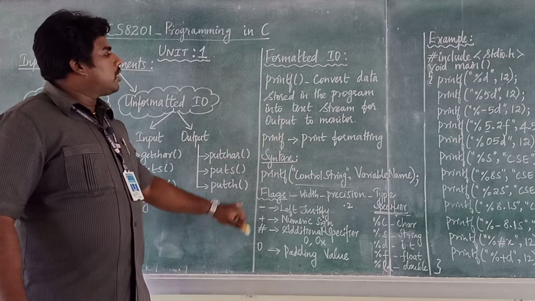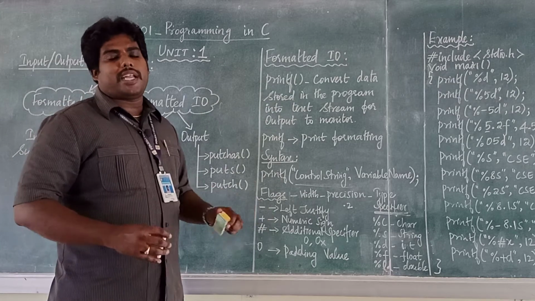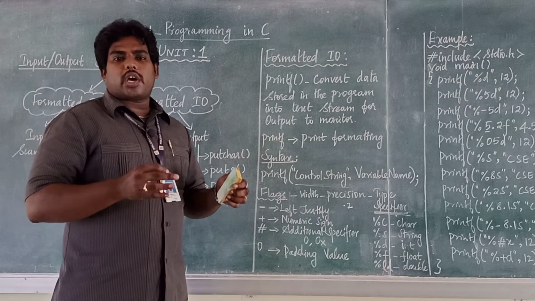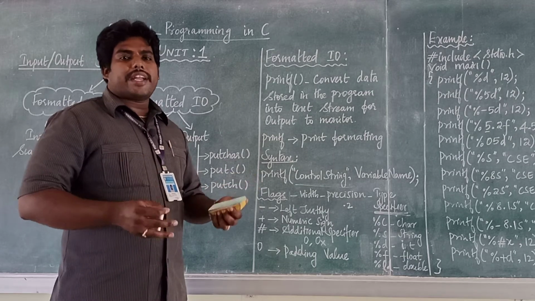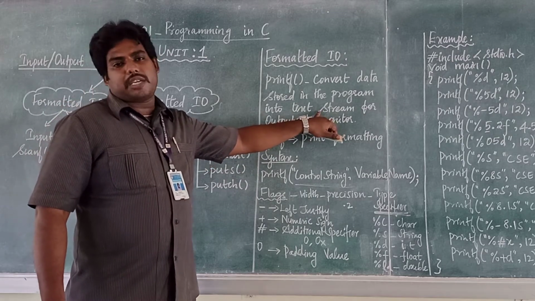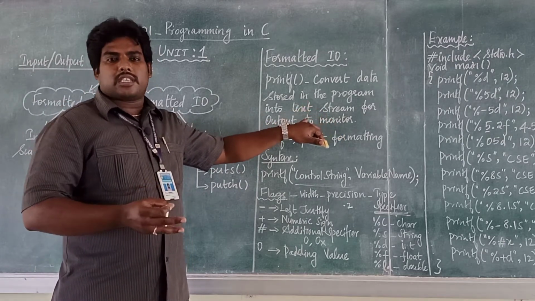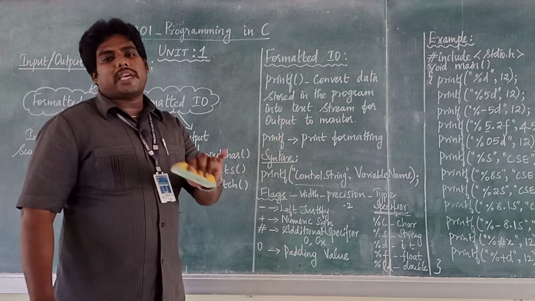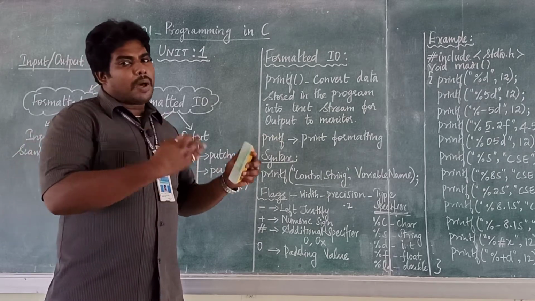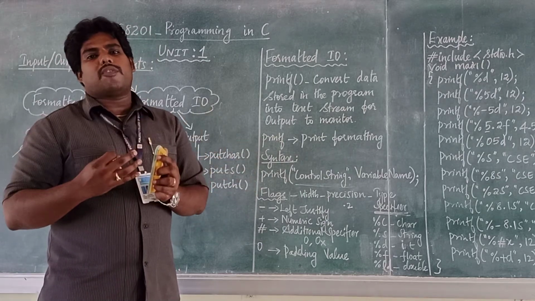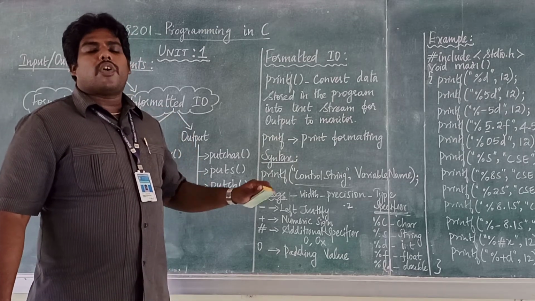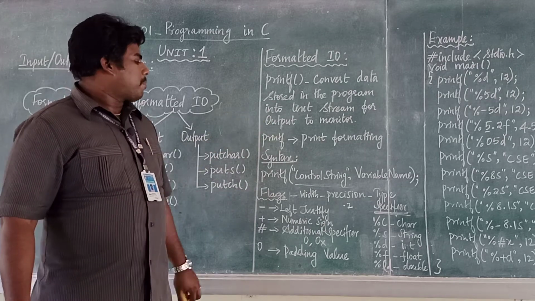Printf is used to convert the program data, that is, the data present in your program, into a text stream and display it on the monitor for output. From the program we get the output, so the program data is converted to text streams and displayed on the monitor. That is the printf statement.